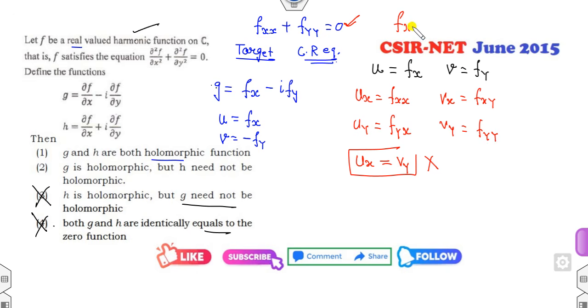That means f_xx is minus f_yy. So this property is not satisfied. That means h does not satisfy the CR equations, so h is not an analytic function. So g is holomorphic, and h need not be holomorphic is the correct option. B is the right answer of this problem.